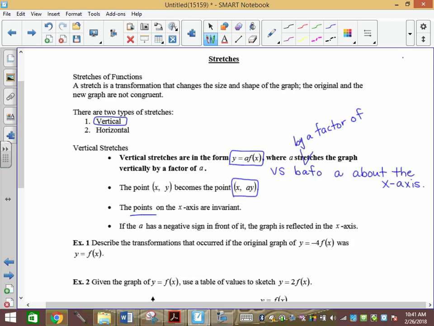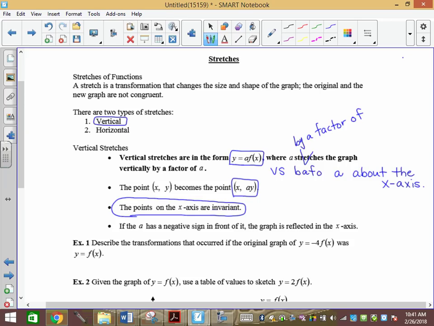Once again, the points on the x-axis are invariant. Why would the points on the x-axis not change? What's the only thing changing in this? The x is staying the same, but my y's are being multiplied by something, correct? On the x-axis, what are your y's? On the x-axis, what does y equal? 0.